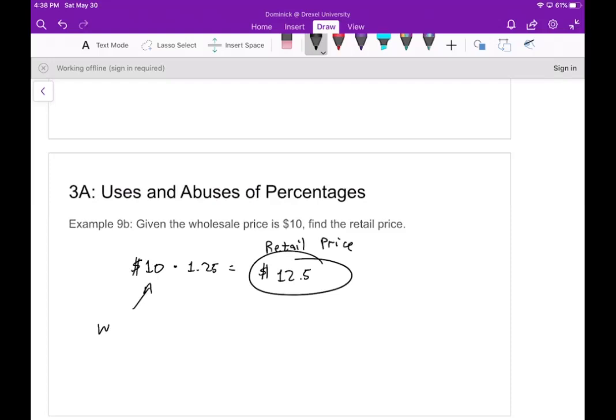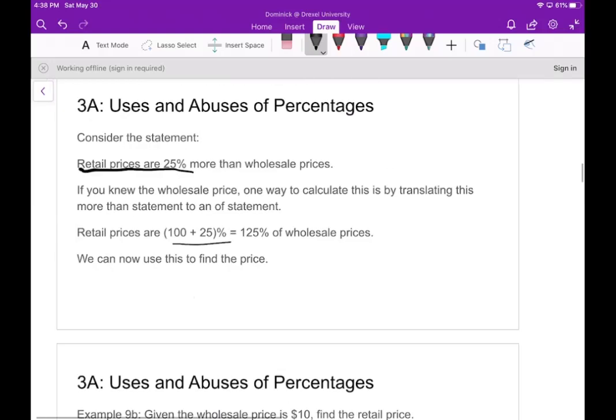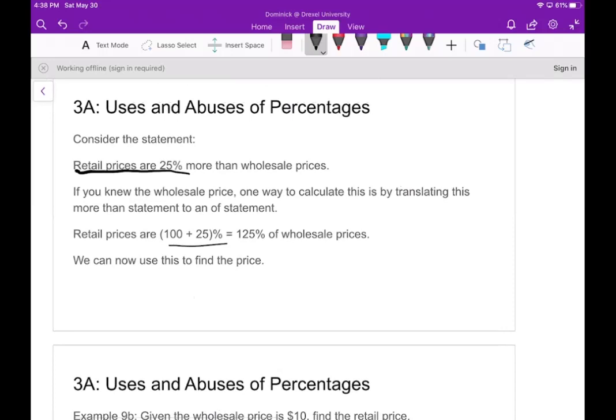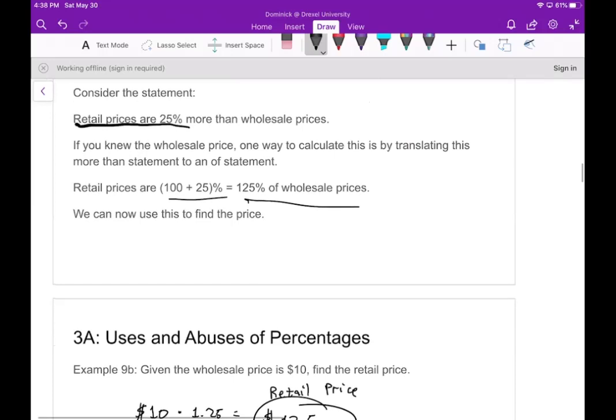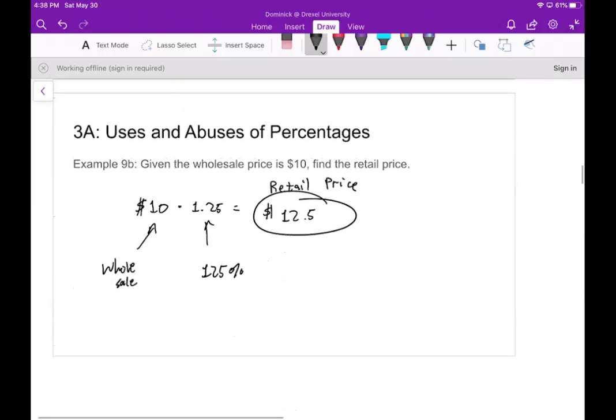Because this is my wholesale and this is 125% written as a decimal, right? So that's how we can take this 125% and translate that to an of statement, okay?